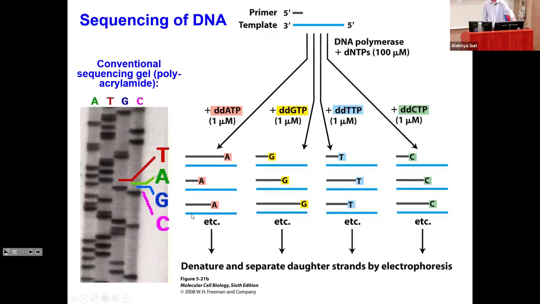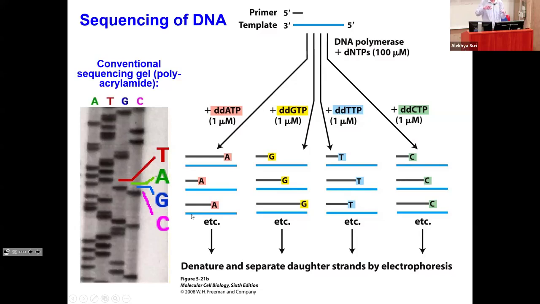But again, since you add a different concentration of this modified nucleotide, dideoxy ATP, for example, it will stop synthesis at various points. Therefore, you see multiple bands within the lane. If you add too much of this modified nucleotide, it will start synthesis of the complementary strands, but then it will stop.